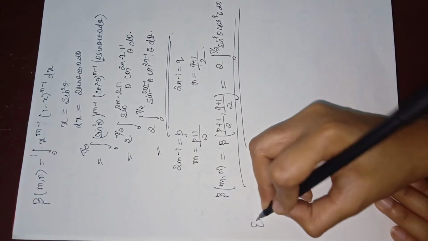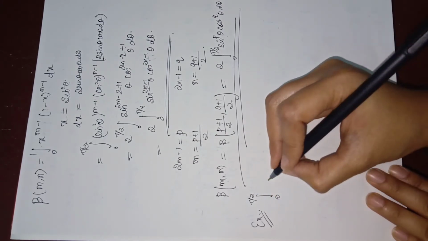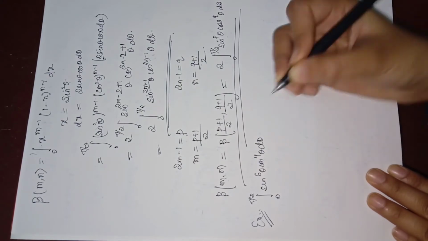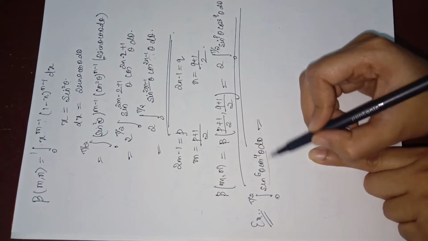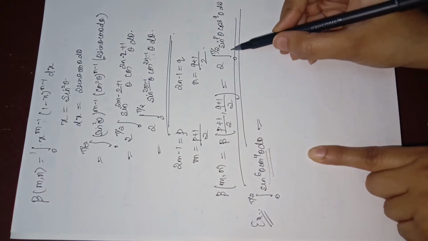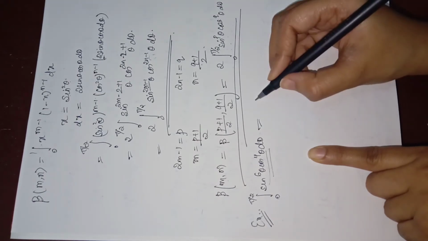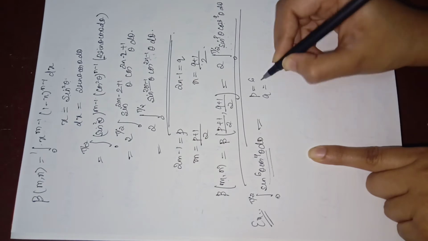Okay, so let me do a question that will make this very clear. Sine raised to power 6 theta, cos raised to power 4 theta d theta. Very simple. Whenever you see this form, you know it is of this pattern. So what is my answer? Here, what is my p? That is 6. What is my q? It is 4.